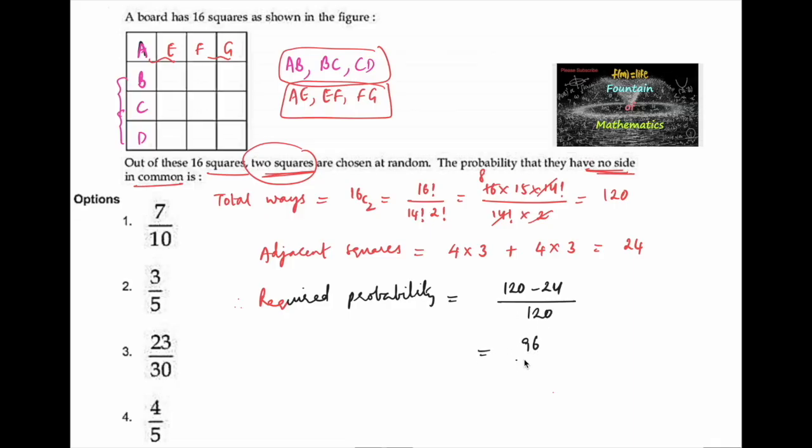So which is 96 divided by 120. Dividing by common factors, 4 by 5. So 4 by 5 is the answer, which is option D.